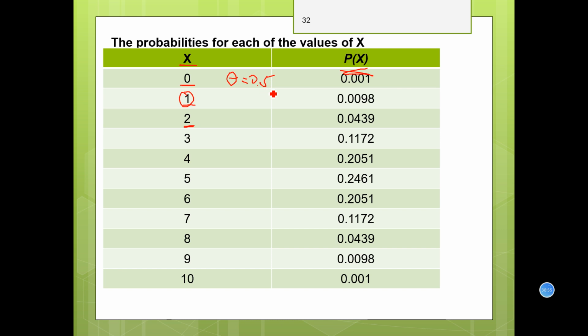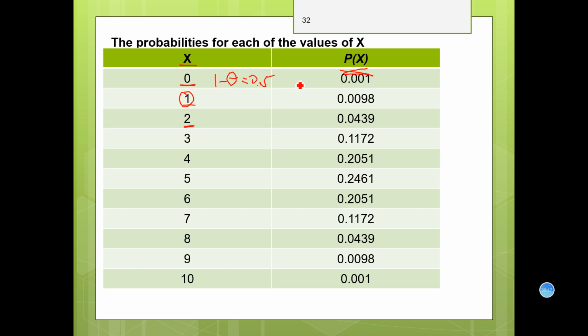So that means if we get a tail in 1 toss, the probability should be 1 minus theta. So it still equals 0.5, right? Okay, so here in 10 tosses we get 10 tails.